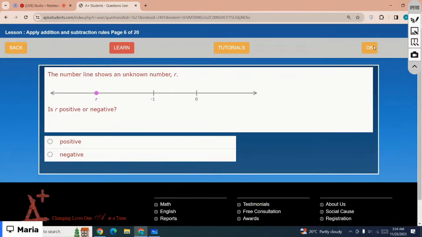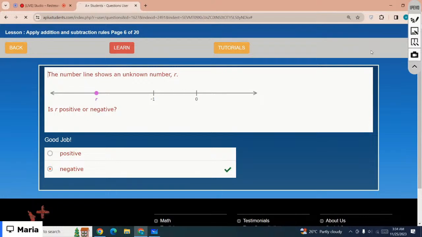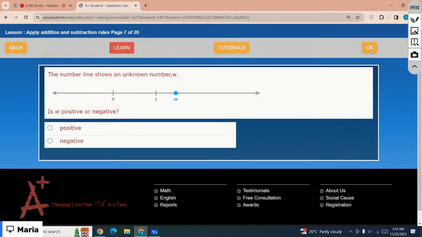Okay, the number line shows an unknown number r. Is r positive or negative? Yes, r is negative, right? The number line shows an unknown number w.